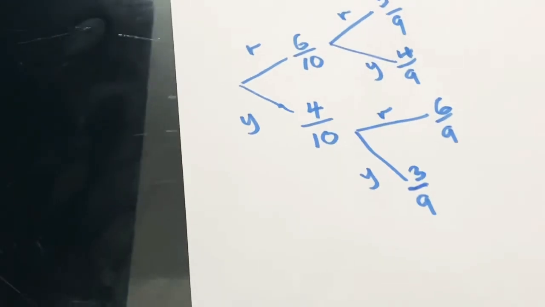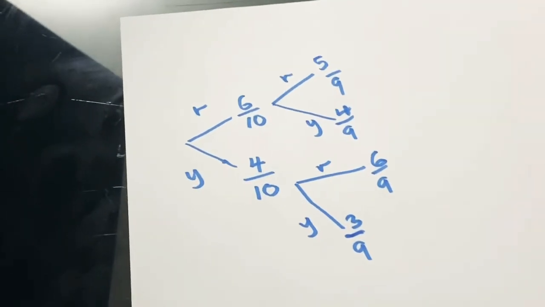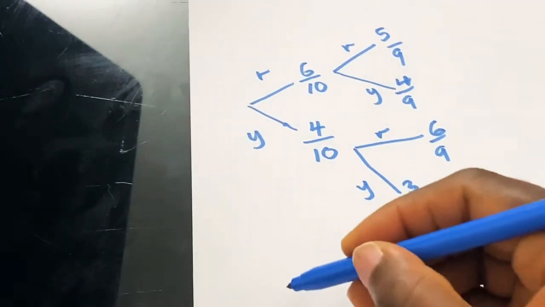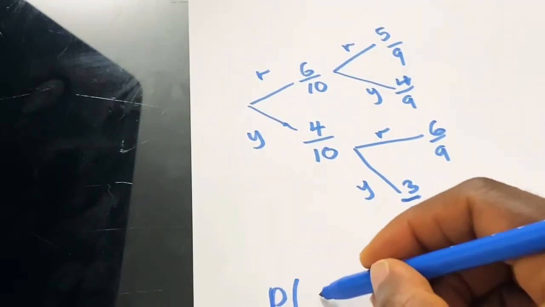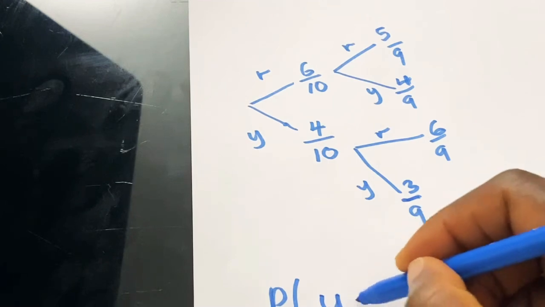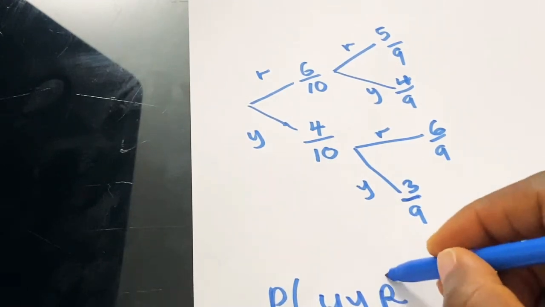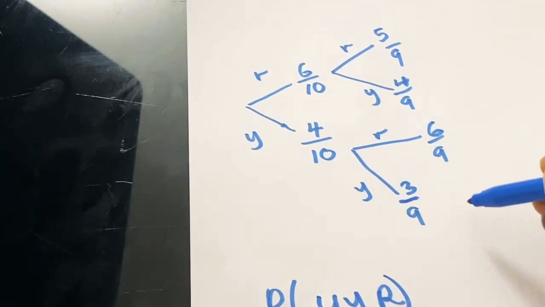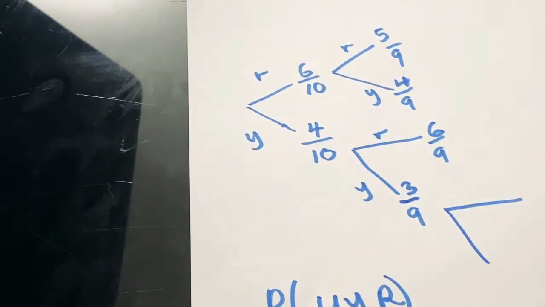You are after the probability of getting yellow, yellow, and red, so we should be after this one.